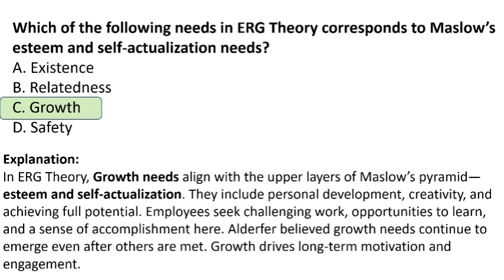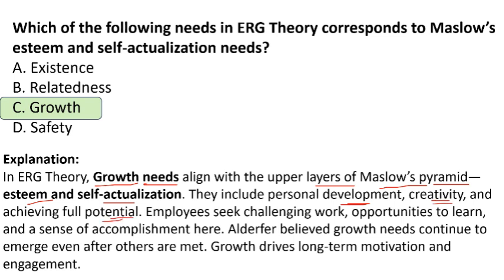In ERG theory, growth needs align with the upper layers of Maslow's pyramid or hierarchy, esteem and self-actualization. They include personal development, creativity, and achieving full potential.